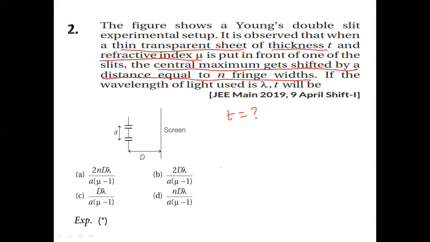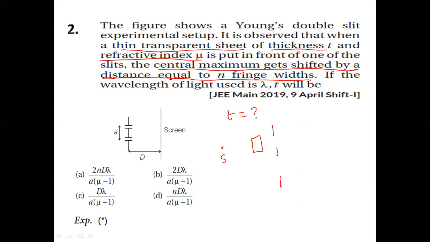Suppose this is the source. Here it is the double slit. When a thin transparent sheet of thickness t and refractive index mu is put in front of one of the slits, light rays will pass through it.